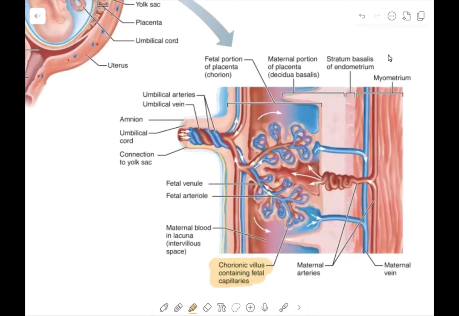This is showing the decidua basalis, the stratum basalis of endometrium. Remember, that's the layer that's not responsive to hormones. The fetal portion of the placenta, and then these blood vessels, which are going to come out of the umbilical cord, which we're going to talk about coming up.